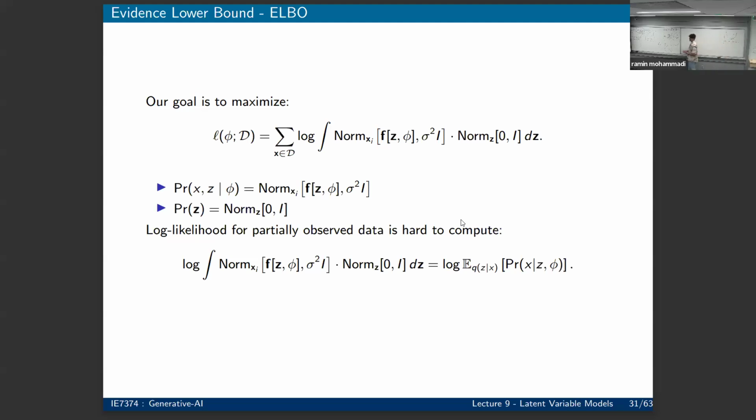If we are trying to maximize, then instead of directly maximizing, at every step you find a lower bound and maximize that lower bound. From there you go to the next lower bound. You keep repeating this process until you get to the top.